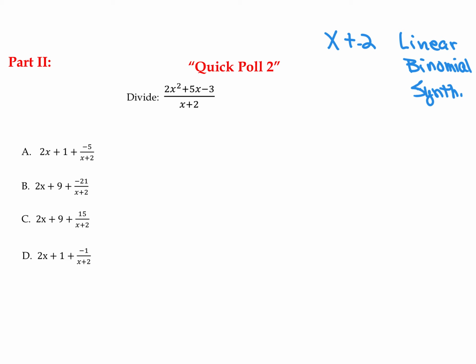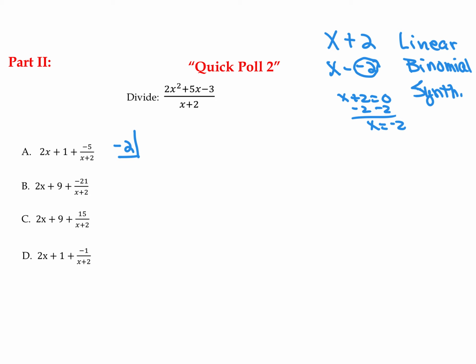So because this is addition, we are going to either rewrite it as x minus negative 2, which tells me that my divisor is negative 2, or we take the factor, set it equal to 0, and solve to get x equal negative 2.